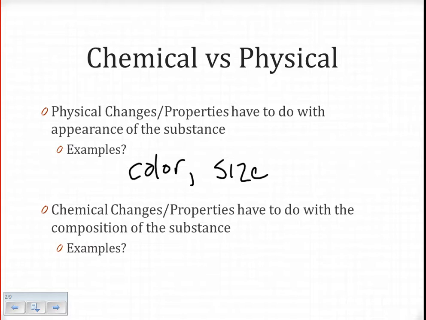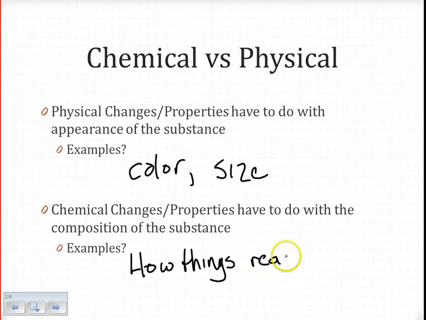Now, chemical changes have to do with what the piece of matter, what the substance, is made out of. It has to do with its composition. So the easiest thing is to say this is how things react. If you're describing how something reacts, that's its chemical properties.